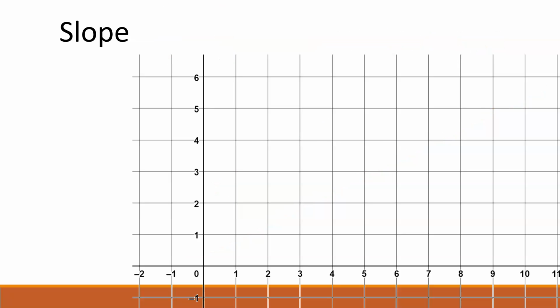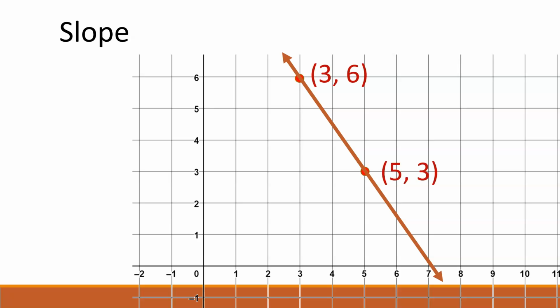Let's try another one. Now we're going to pick 2 points that are easily identifiable. In other words, they fall where these grid lines intersect. So we've got the points (3, 6) and (5, 3). Now the vertical change in this case is actually negative because we're moving down to get from (3, 6) to (5, 3).